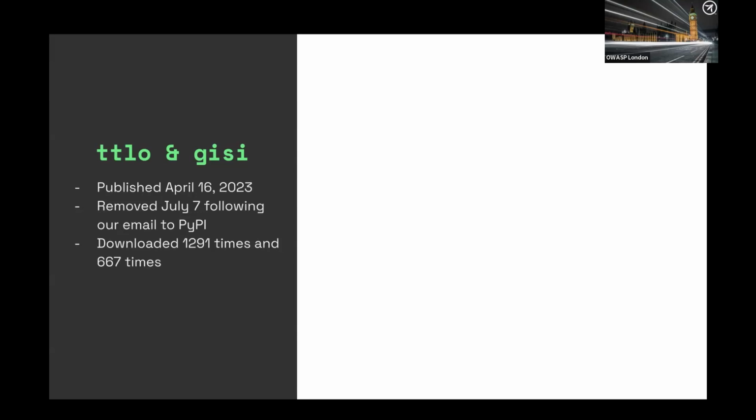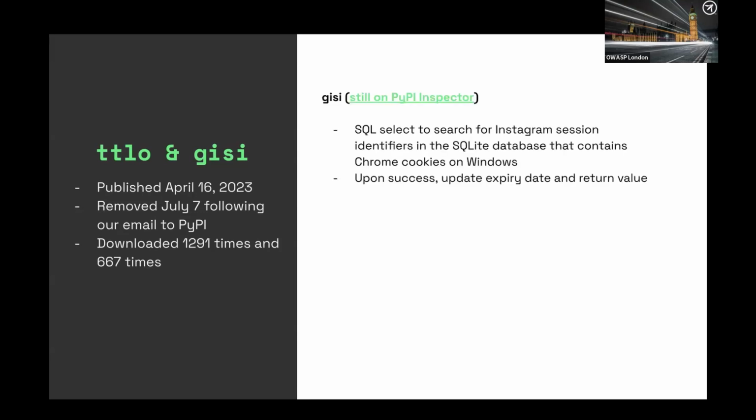It was downloaded a couple of times until we told PyPI to remove it, which they did very promptly as always. So the one package was called Easy. It was basically an SQL query in order to find cookies in the SQLite database of Chrome.